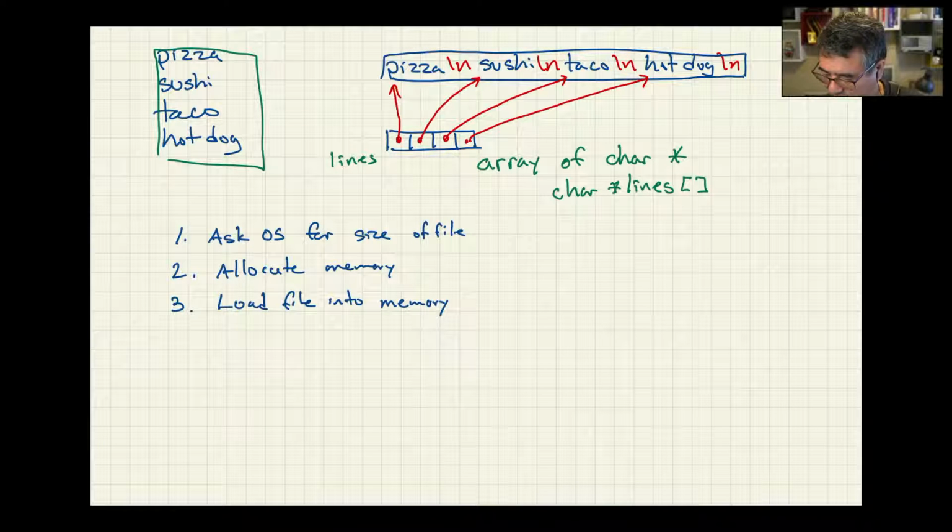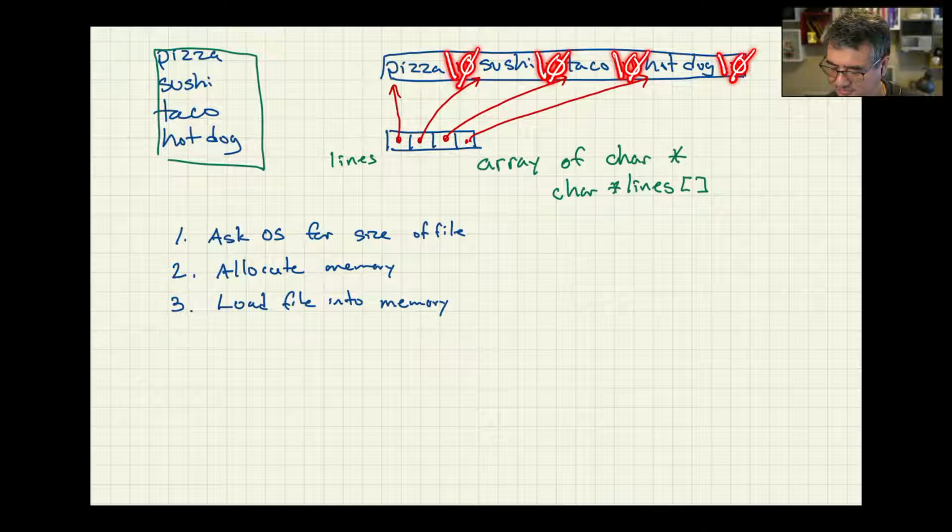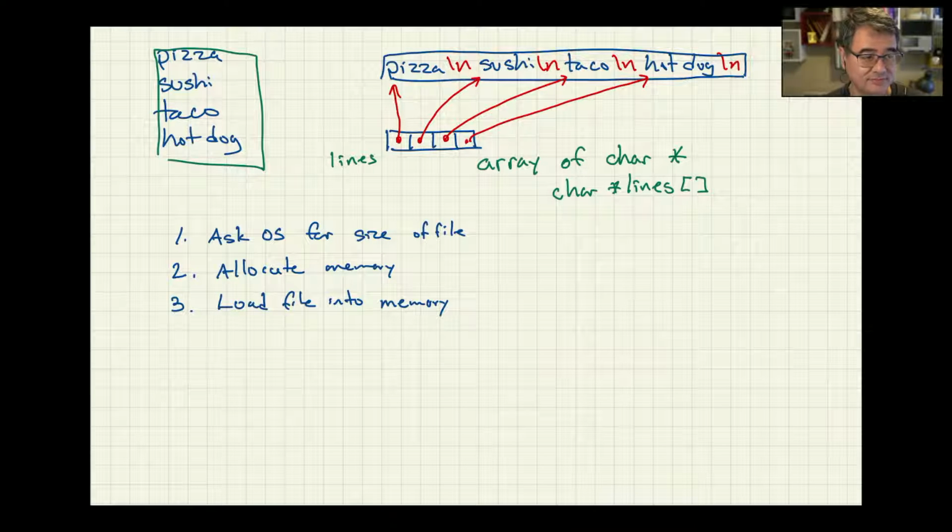So what if we took these newline characters and replaced them with nulls? Then in that case, you would have to be guaranteed that there's a newline at the end. Right.